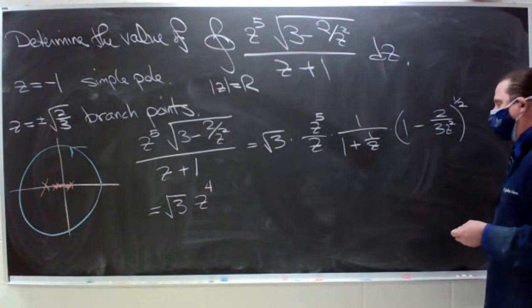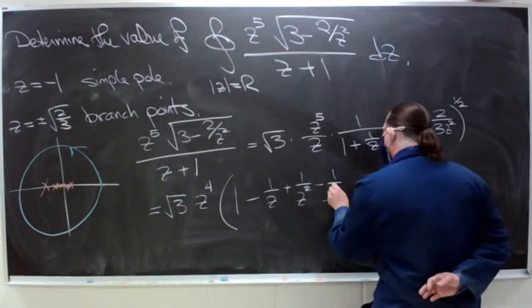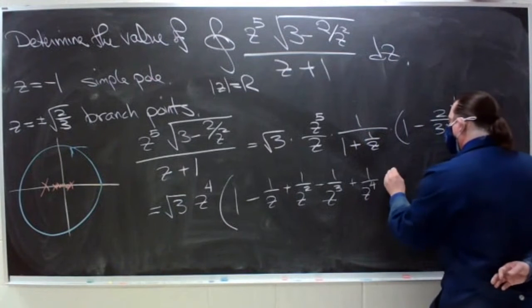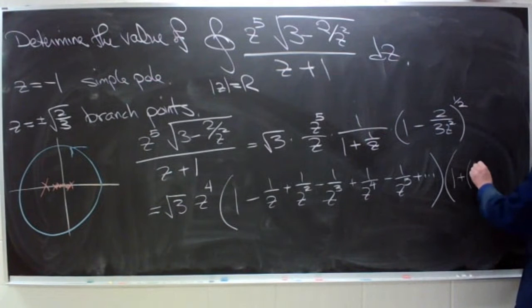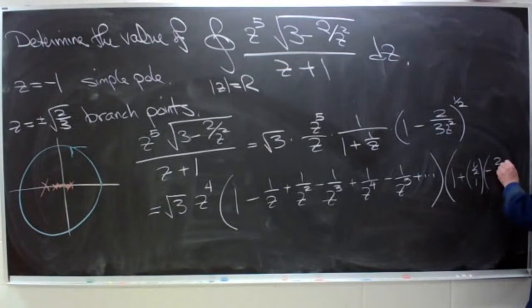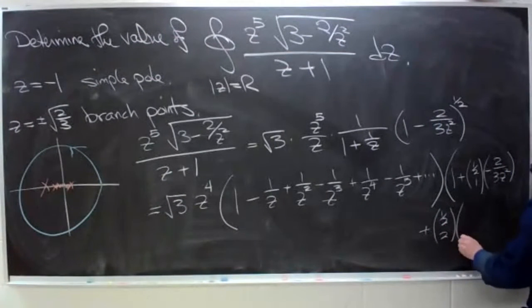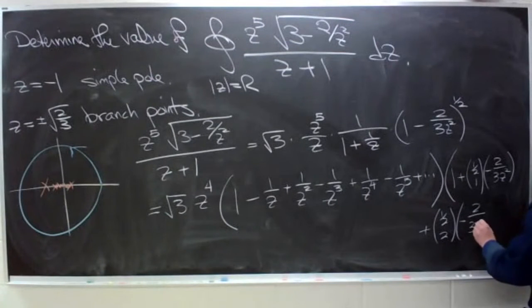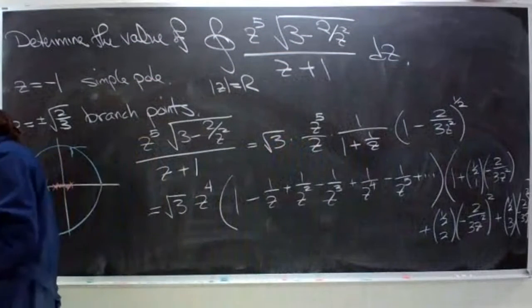Square root of 3, z to the 4th. And so on and so forth. We'll run out of space, as I always do.